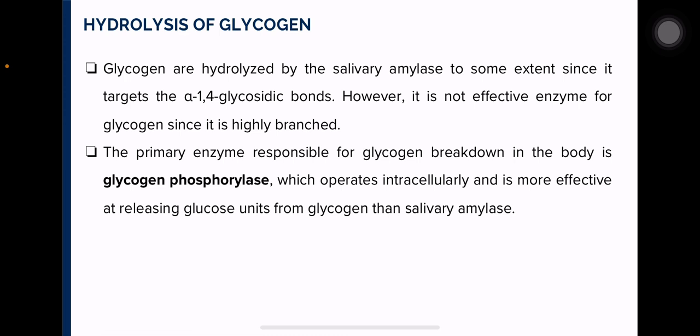Although salivary amylase can act on glycogen, it is not very effective because glycogen is highly branched. The primary enzyme for glycogen breakdown in the body is glycogen phosphorylase, which works inside cells to release glucose phosphate units. With enough time, salivary amylase may show minimal hydrolysis of glycogen, but not nearly as effectively as with starch.